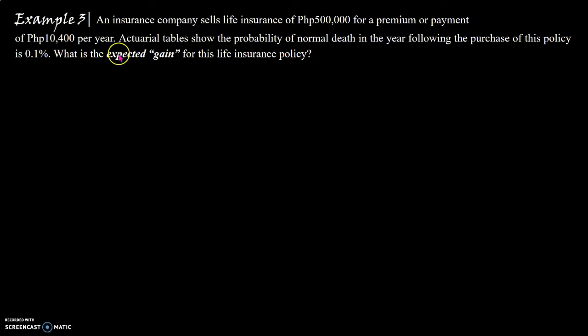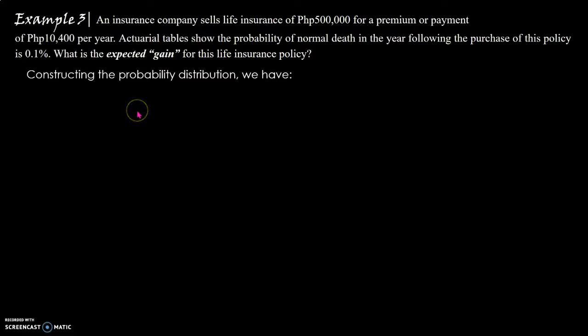What is the expected gain for this life insurance policy? So for this problem, we are asked to solve for the expected gain or the expected value of the insurance policy. Now, before we can solve for the expected value, we need to construct first the probability distribution of this problem.